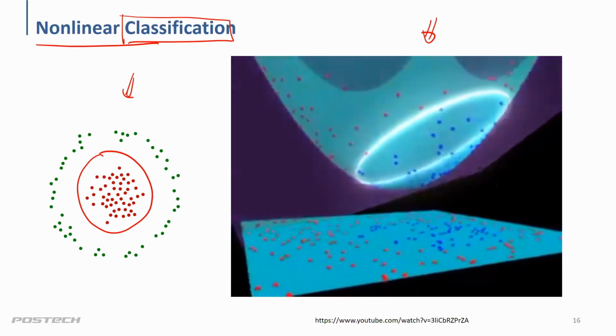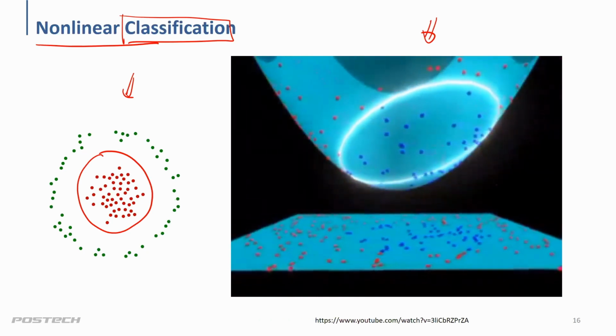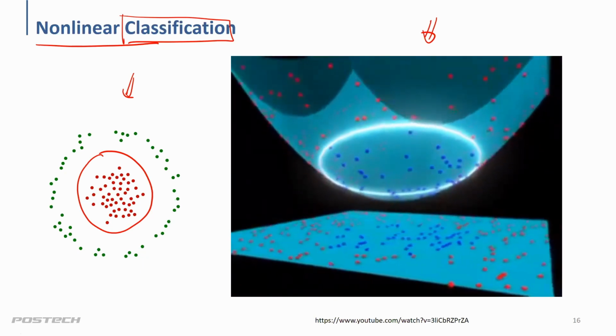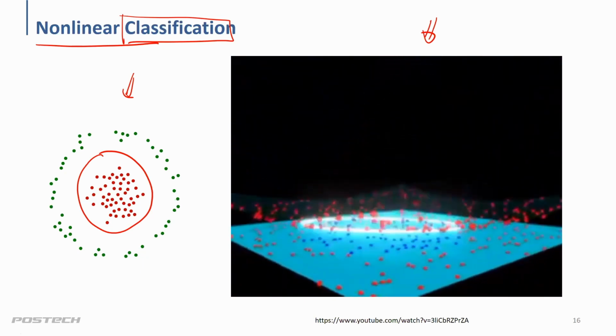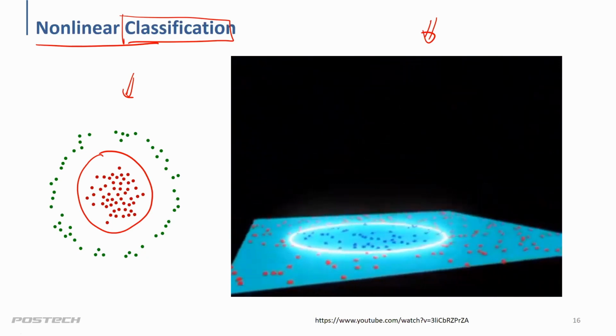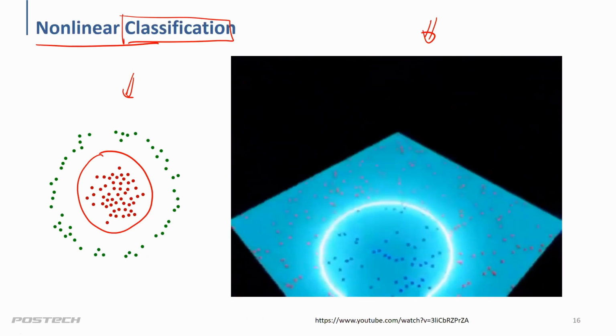So we can find these hyperplanes using linear classification in 3D space. Once we have that, now I'm mapping to the original space. Now, as you're looking at here, it's a nonlinear classifier.